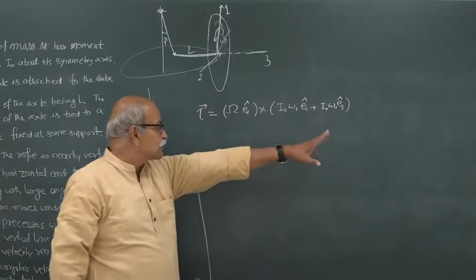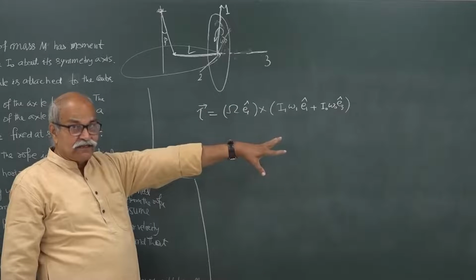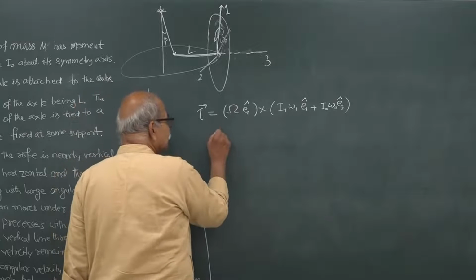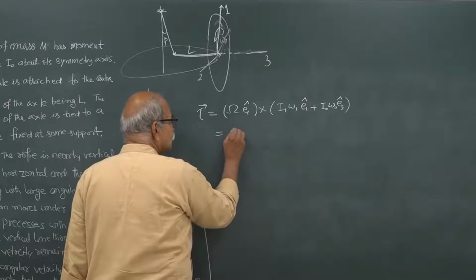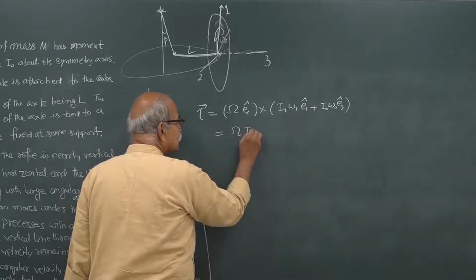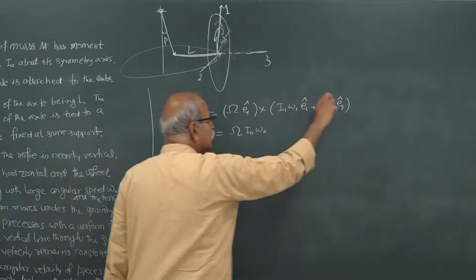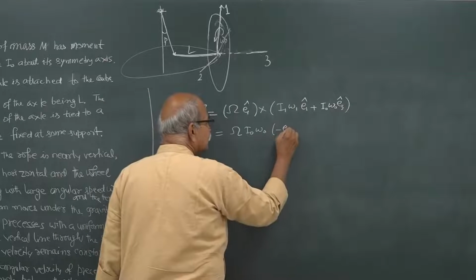This is what we had derived so far. Now, we work on this. This part is 0, so it is omega here, I naught here, omega naught here, E1 cap cross E3 cap, which is minus E2 cap.